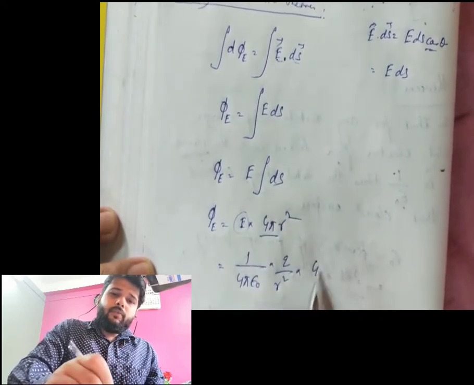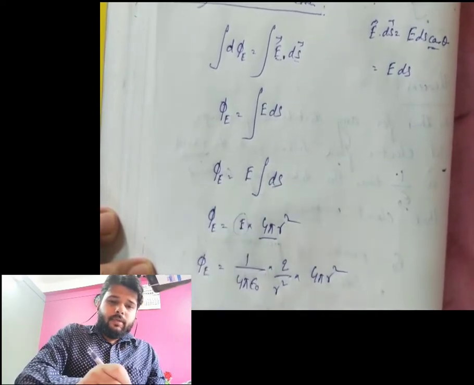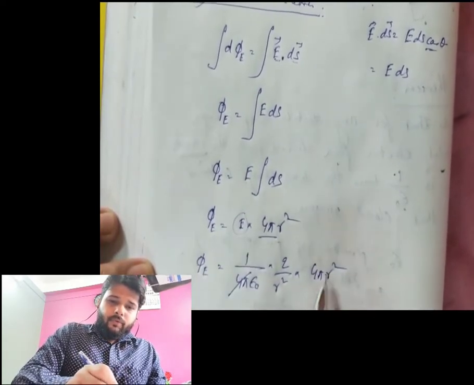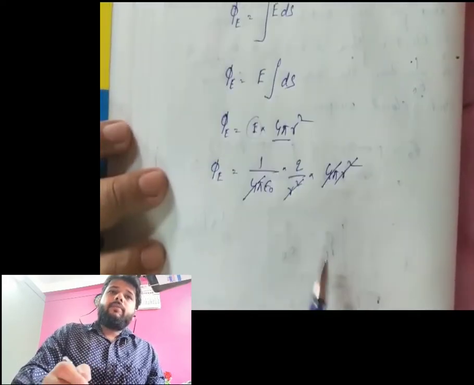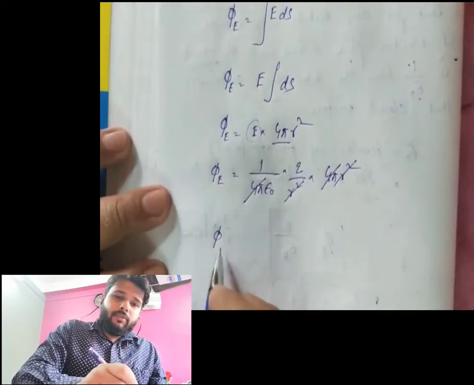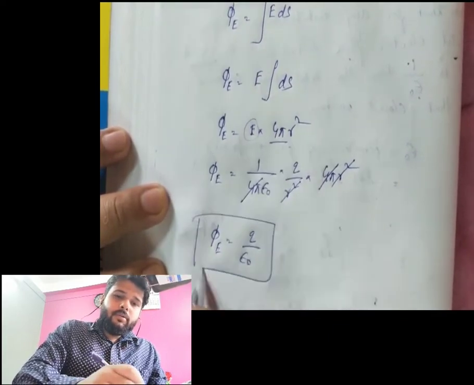So phi e is 1 by 4 pi epsilon naught into q by r square times 4 pi r square. Now this 4 pi and this 4 pi got cancelled, and r square got cancelled. So we are left with only q by epsilon naught. So phi e is equal to q by epsilon naught.